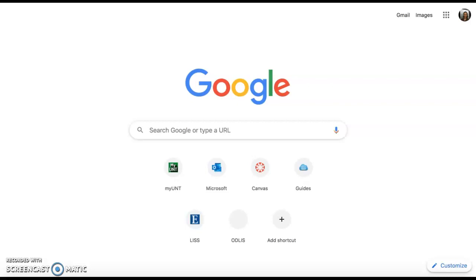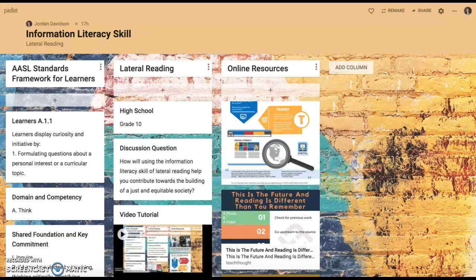So you're Googling information on the topic to see what other sources are saying. And if you aren't able to find anything, circle back and start over with maybe new wording of your search to begin again to find more information.